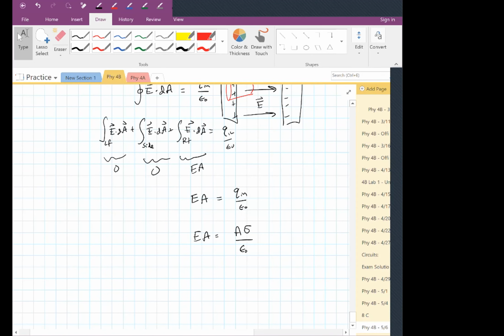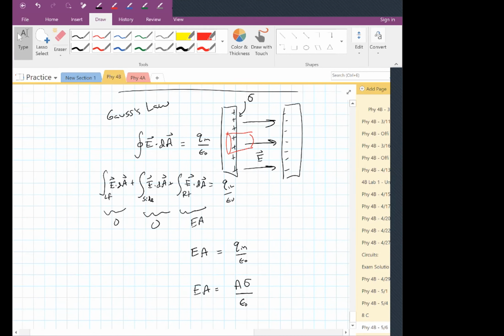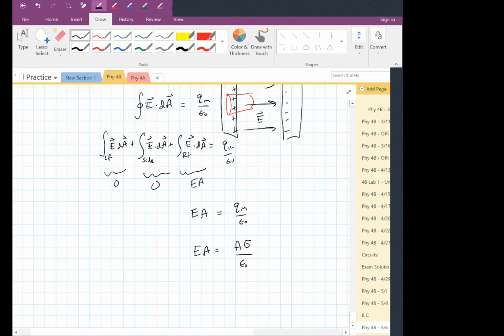What is Q? What is sigma? Sigma is the charge divided by the area of that plate, however big it is. Q over A. Total charge over total area, right? So this is good. The A's are going to cancel.